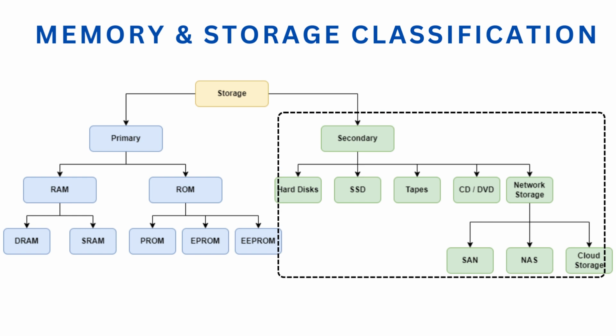This is sort of a classification of memory and storage, and I have seen students confuse memory and storage, and they use the words in the wrong manner. So let's see. Memory is what your computer uses to store data temporarily, while storage is where you save files permanently.